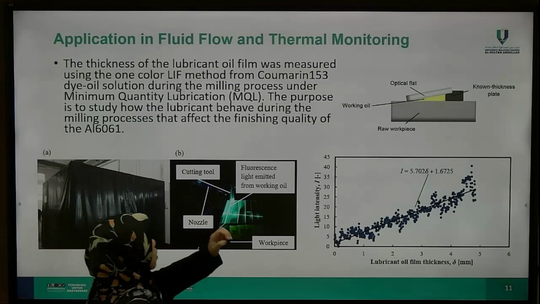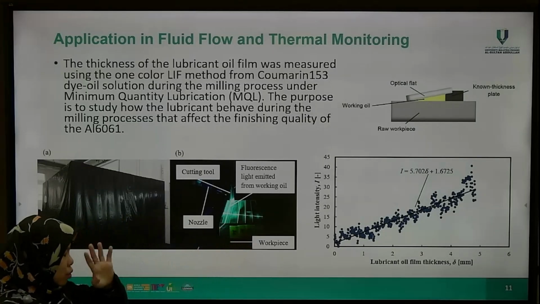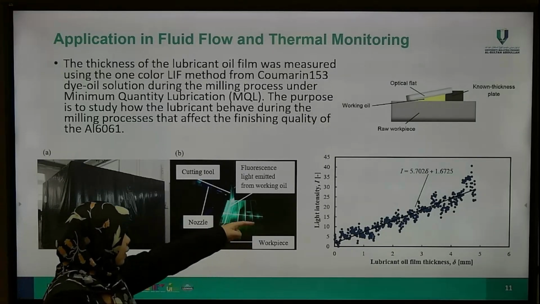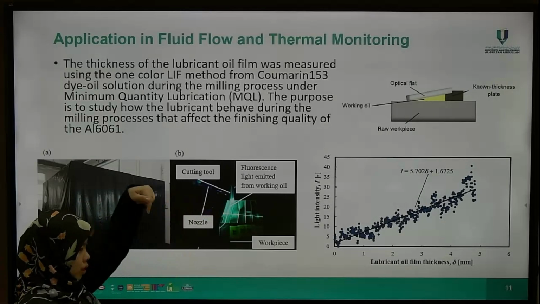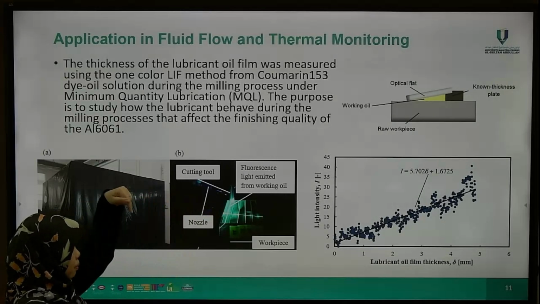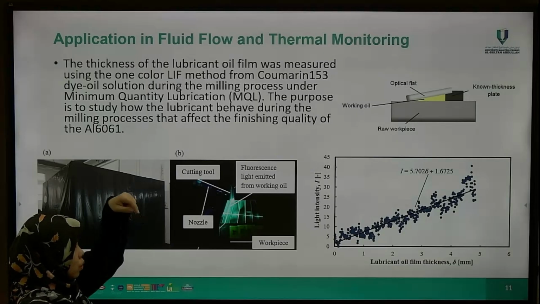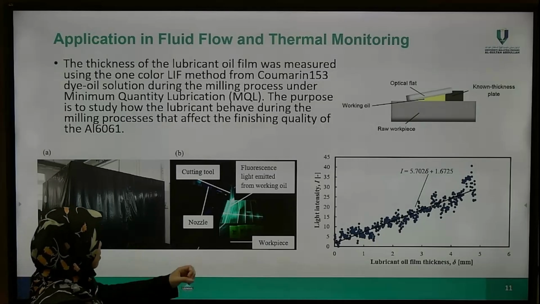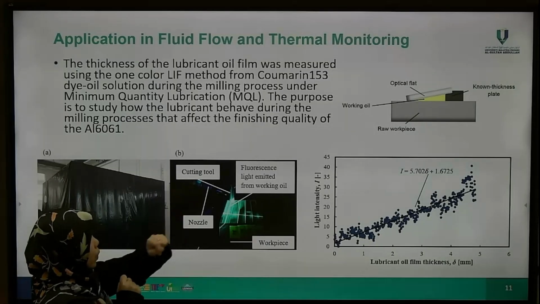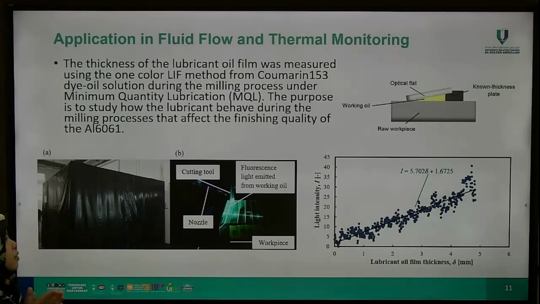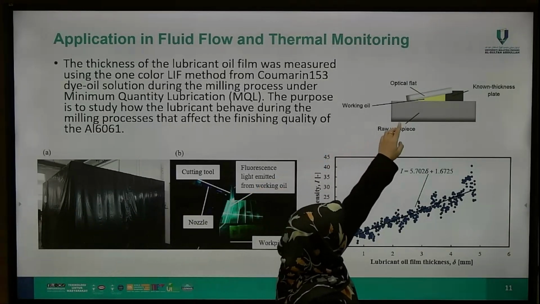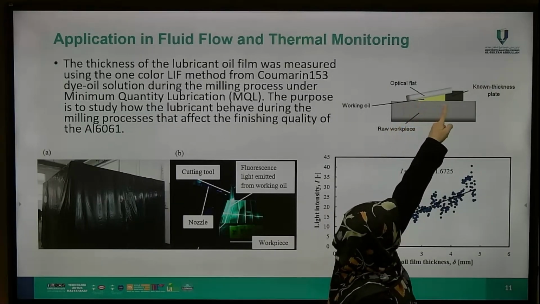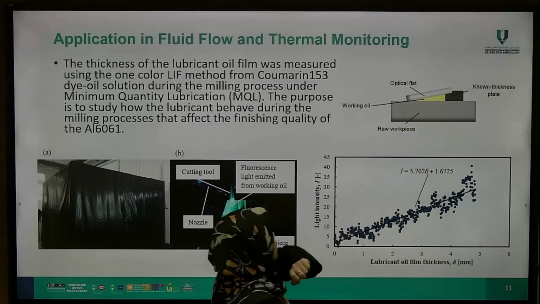The laser that I use is not a dot pattern. I use a line pattern laser. So we just irradiate from above. Darken the room, then you will get the fluorescence intensity of the liquid in a thin sheet layer. We will read the thickness from the very initial point up to the largest thickness area.